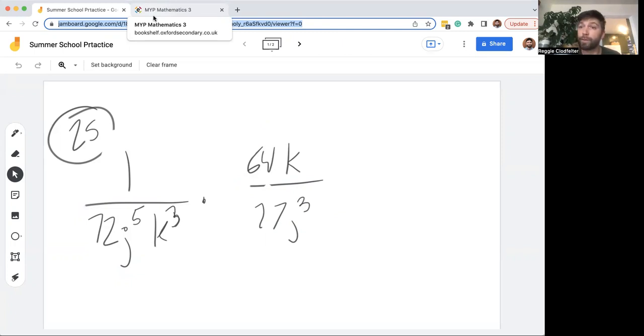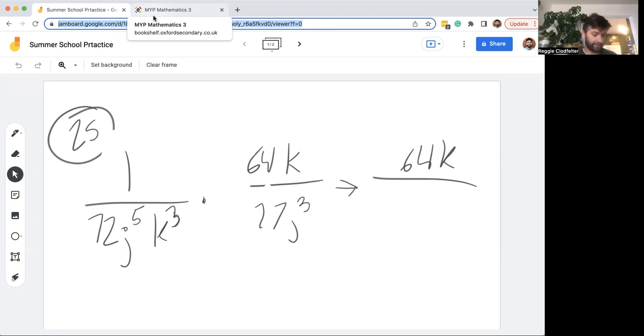So they're multiplying. Remember, when you multiply fractions, you just multiply your numerators across and then multiply your denominators across. So first, I'm going to do 1 times 64k, which is just 64k. Then I've got 72 times 27. Ouch.